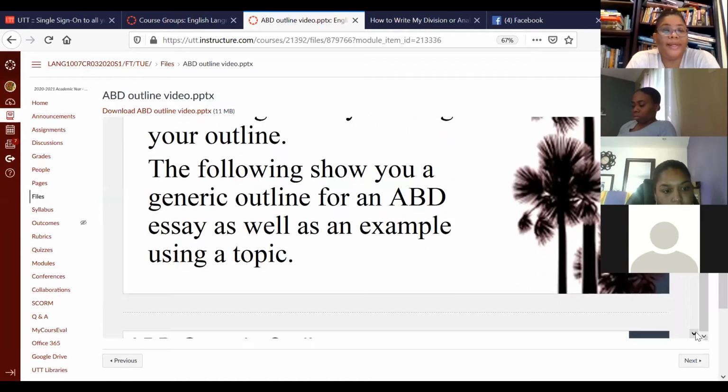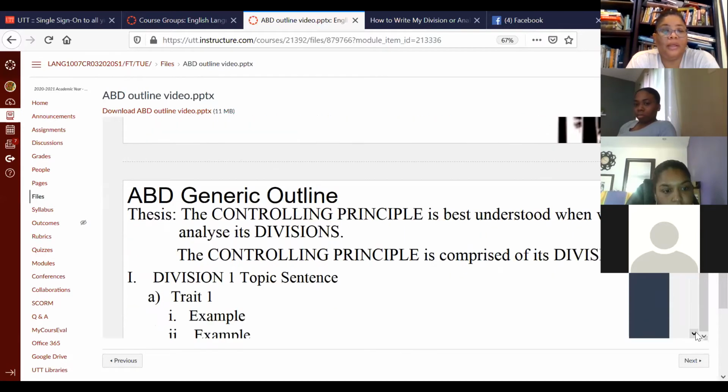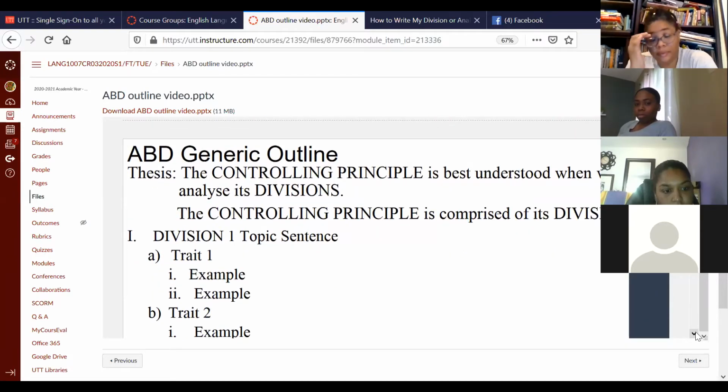Right, and now it's time to start doing your thesis. So for the ABD, the thesis would be: the controlling principle is best understood when we analyze its divisions, right? So not using the exact language, but you want your thesis to show how the divisions help explain the controlling principle, or the main idea or main function of that whole unit, right?